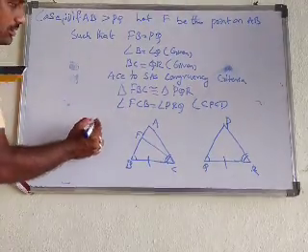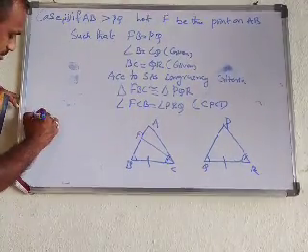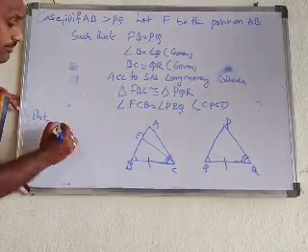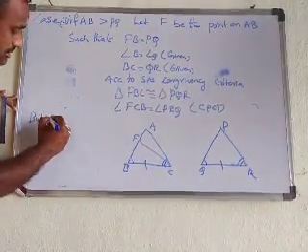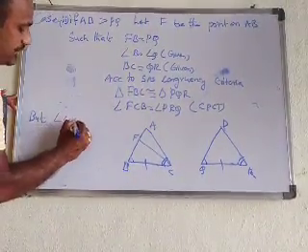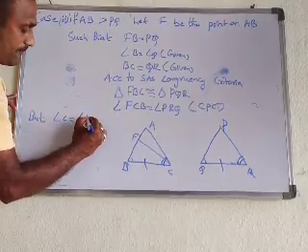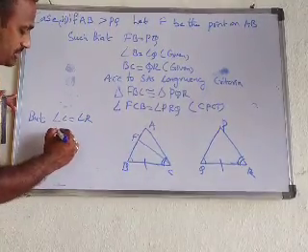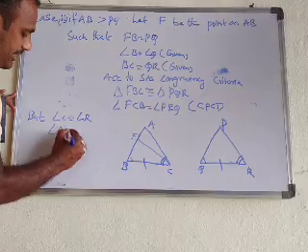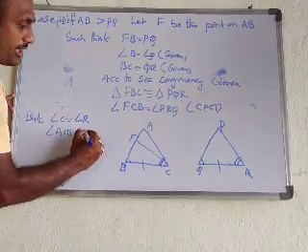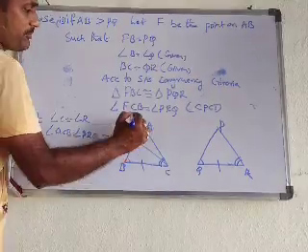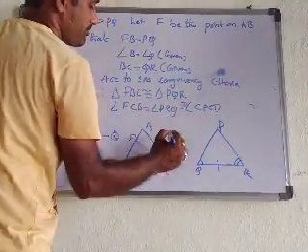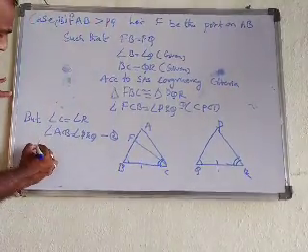Corresponding angles are equal, but it is already given that angle C is equal to angle R, which means angle ACB is equal to angle PRQ. So this is the second equation and that was the first equation.